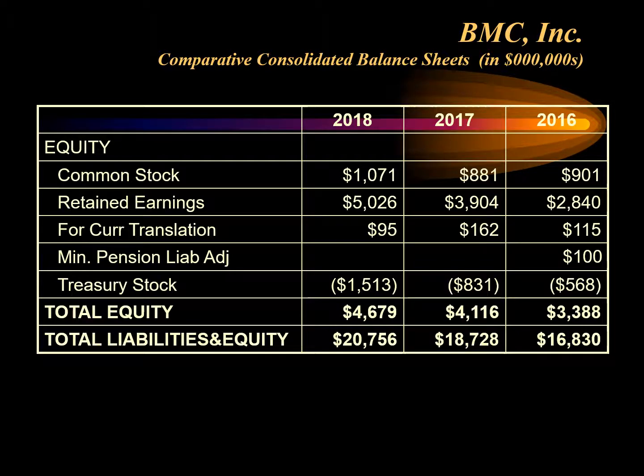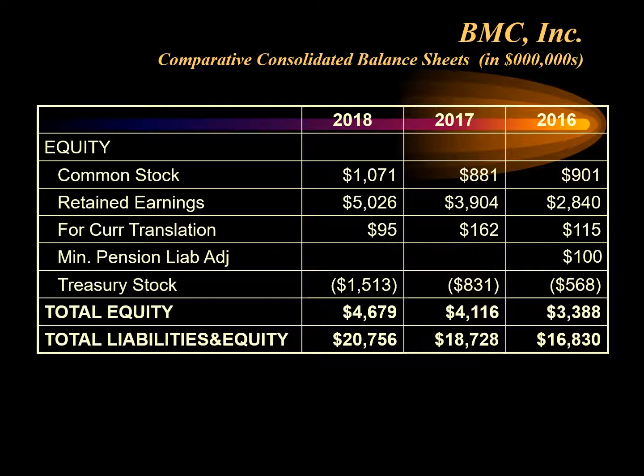The answer is that treasury stock is recorded at the purchase price. So actually that's good news for this company, because what it implies is that when they repurchased their stock, they did so at a higher price than when the stock was originally issued. So that means the stock price has been climbing for this company over the years. That's a positive sign.